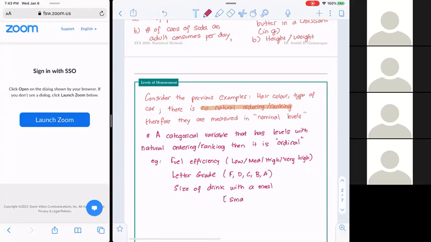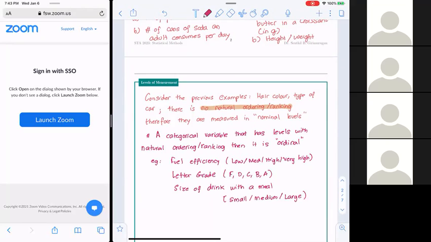You may either get a small or medium or large. So size of drink that a person buys with a meal is a categorical variable, but there is a natural ordering in the levels that we measure. So that's what we call an ordinal level of measurement.